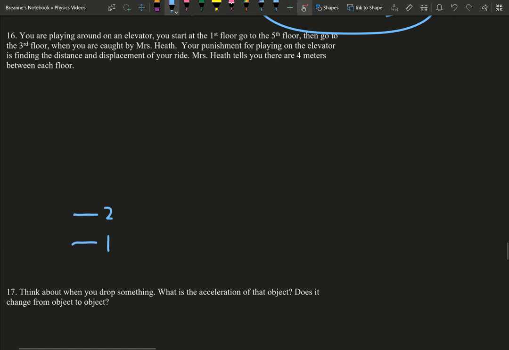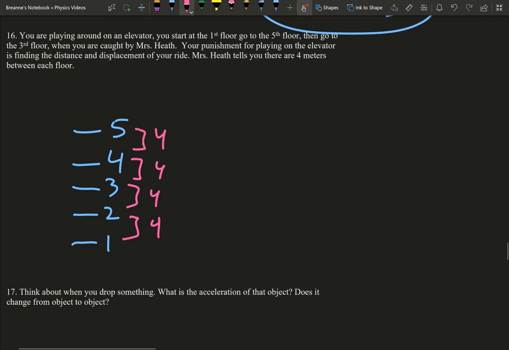Then you have 2nd, 3rd, 4th, 5th. And in between each floor, there's 4 meters. So going up, you've traveled 4 plus 4 plus 4 plus 4, or 4 times 4.